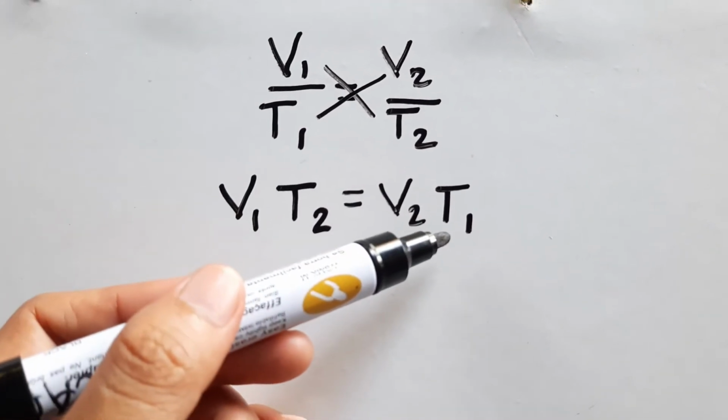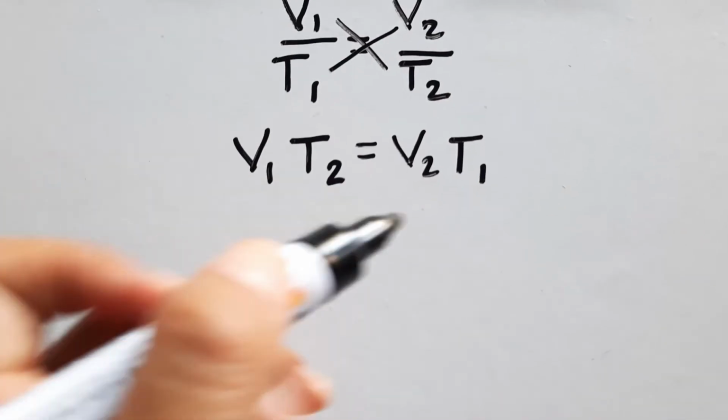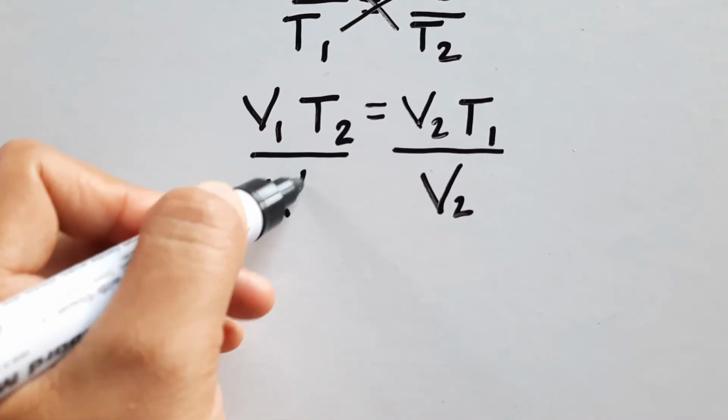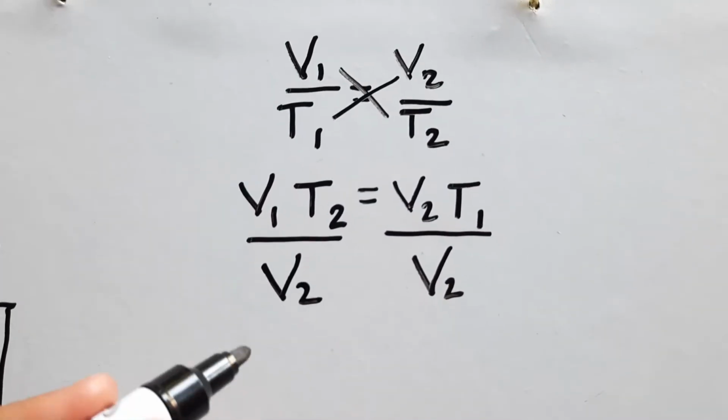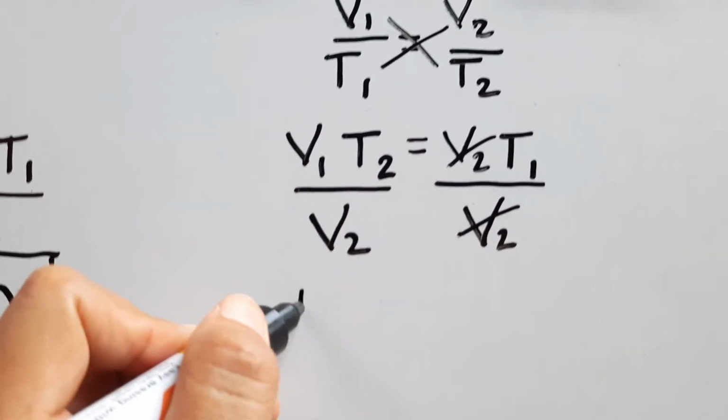Since we are looking for the value of T1, we will divide both sides of the equation by V2. So, this is now our derived equation for T1.